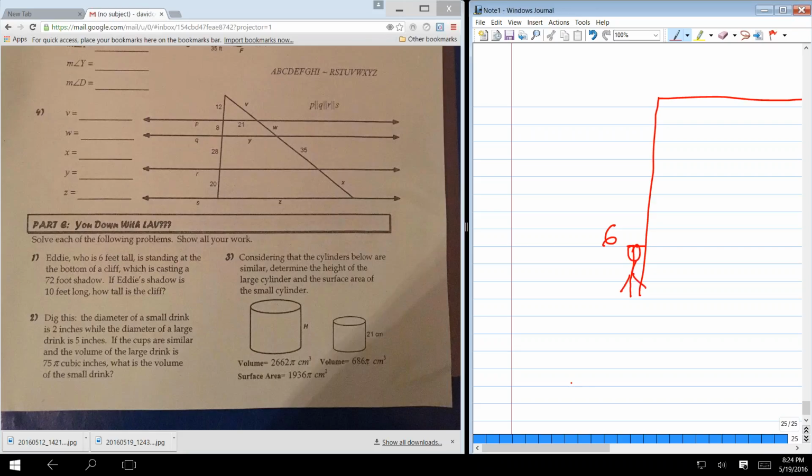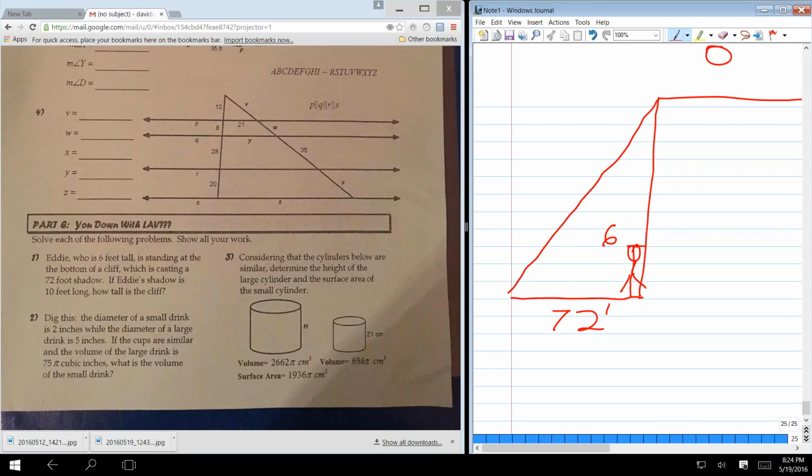There's the cliff. The cliff is casting a shadow. In other words, the sun is up there, and so the cliff is casting a shadow that is 72 feet long. Eddie, there's no way Eddie's casting a 10-foot long shadow.